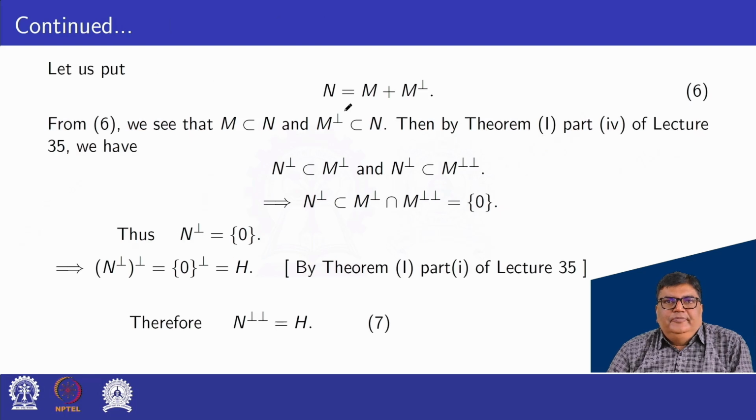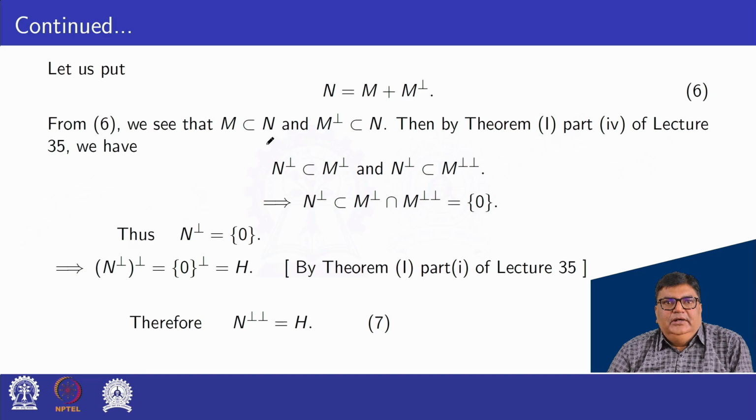Let us put N equal to M plus M perpendicular. From equation 6, we see that M is a subset of N and M perpendicular also is a subset of N. Then by the theorem, first part 4 of lecture 35, we have N perpendicular is a subset of M perpendicular.